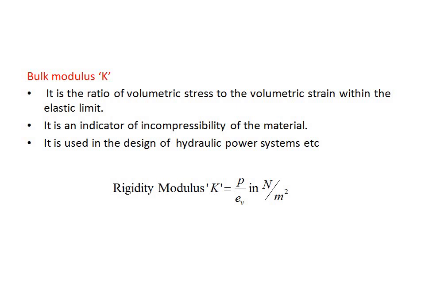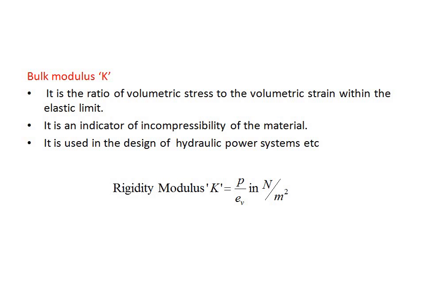So this bulk modulus is used in the design of hydraulic power systems. In a hydraulic power system, we use hydraulic oils as the power transmitting element. If the fluid is compressible, it is very difficult to position a system.